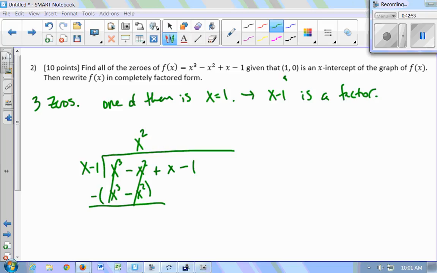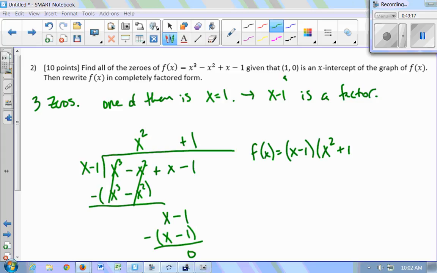They both fall out. So then you bring down the rest of your dividend. And then x goes into x 1 time. x minus 1, subtract, and you get 0. So I know that f of x can be written as x minus 1 times x squared plus 1. So if I FOIL that out, I should get this cubic.